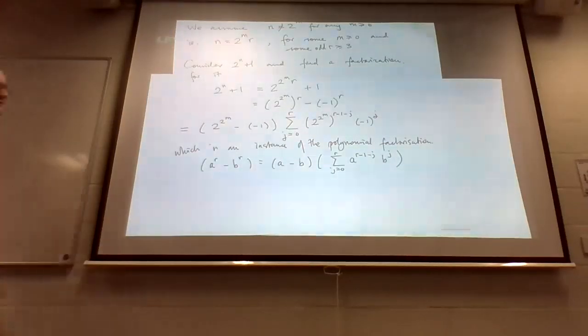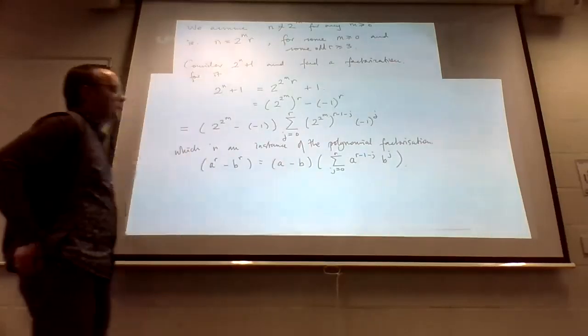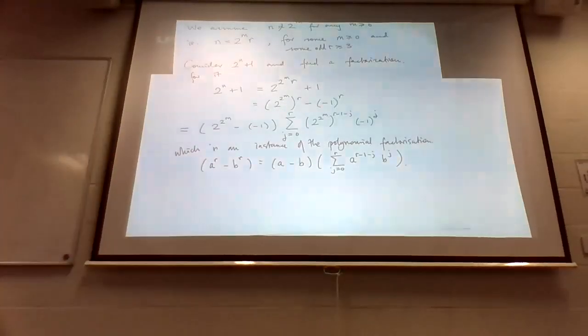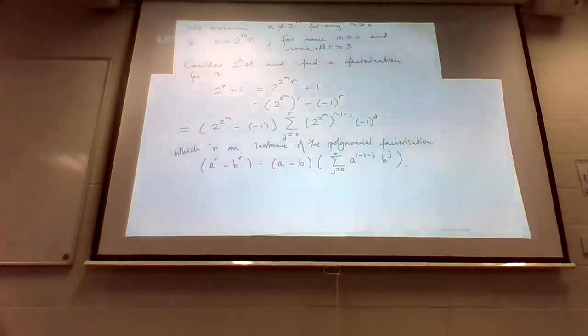Okay, so we're making use of a standard polynomial factorization result.